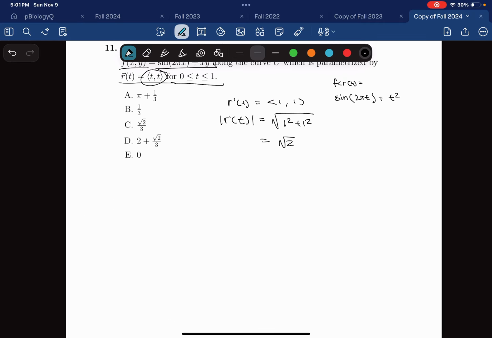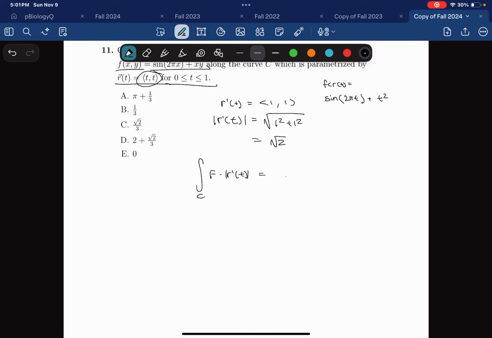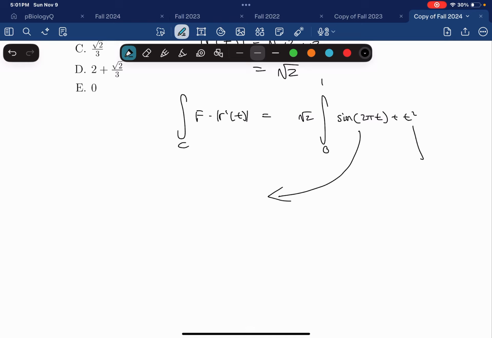So now, in order to find this, we gotta do f times the magnitude of r prime of t, which is equal to, I'm just gonna take this out for now, the integral from 0 to 1 of sine 2 pi t plus t squared. So you can split this into two things now.